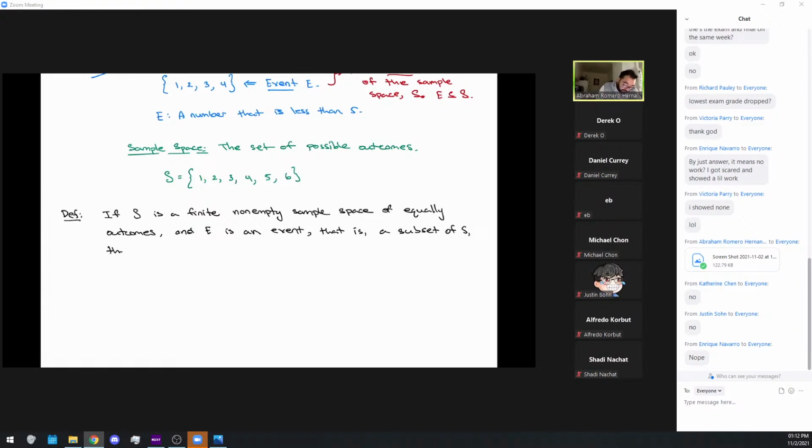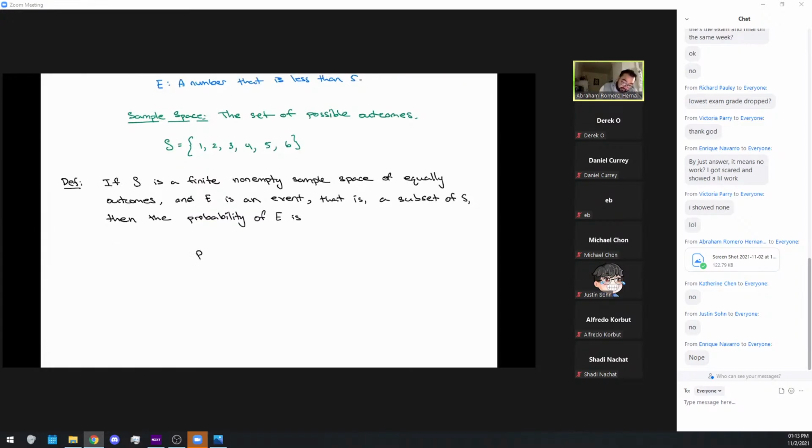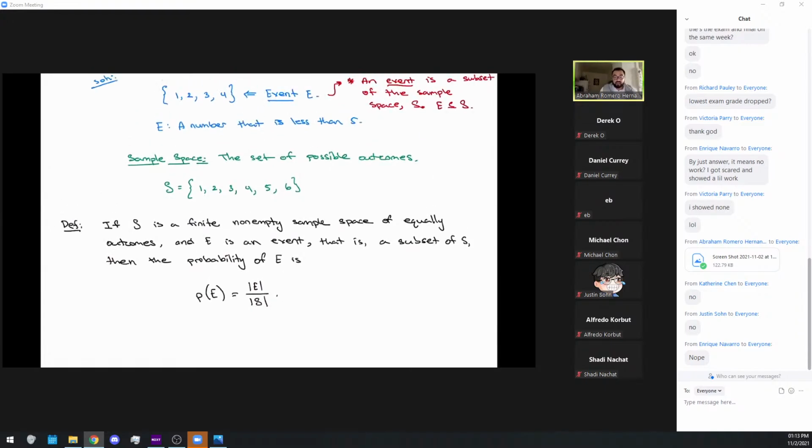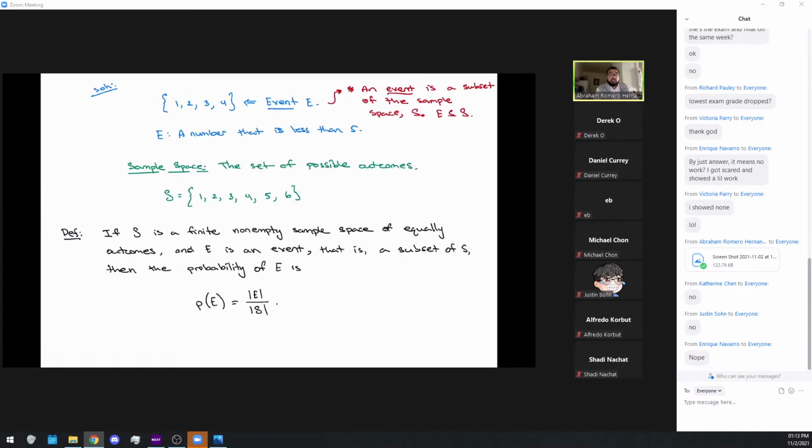Then the probability of E, with a lowercase p, p of E, so the probability of the event, is equal to the absolute value of E over the absolute value of S. And that's pretty much it. Actually, that's not the absolute value, that's the cardinality.